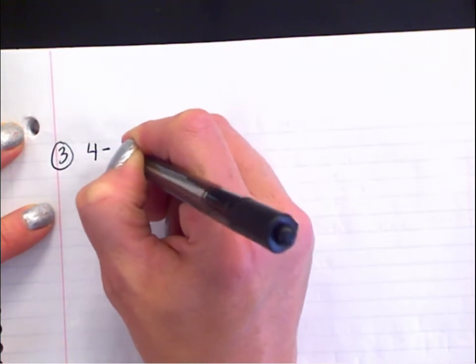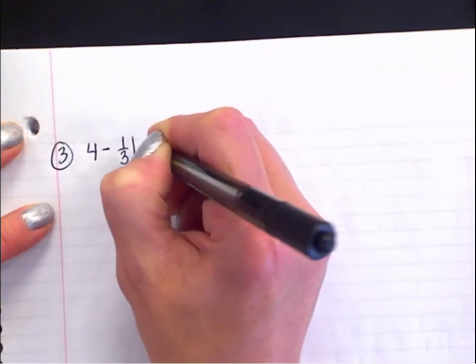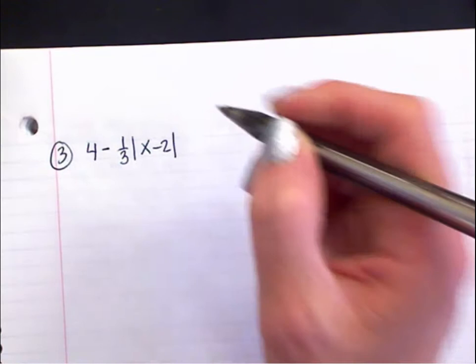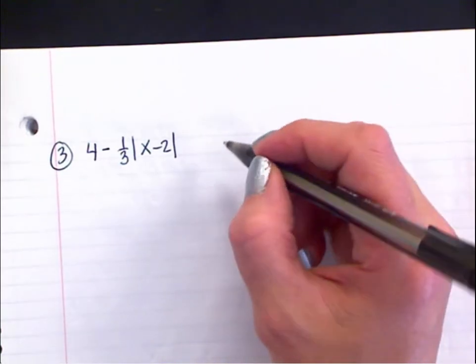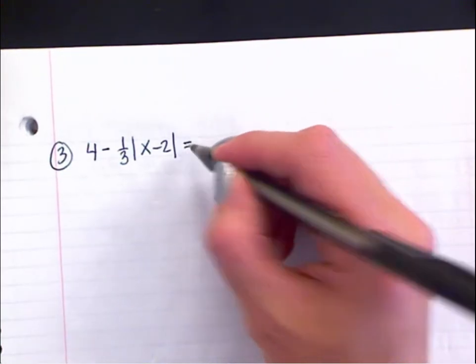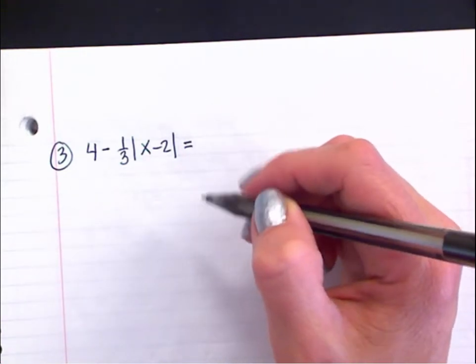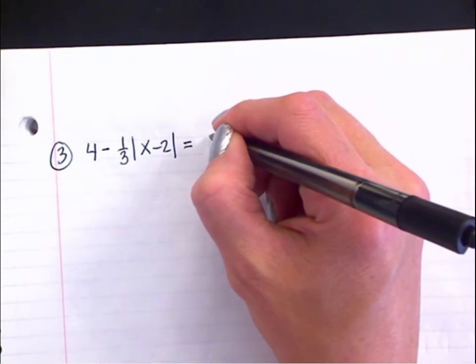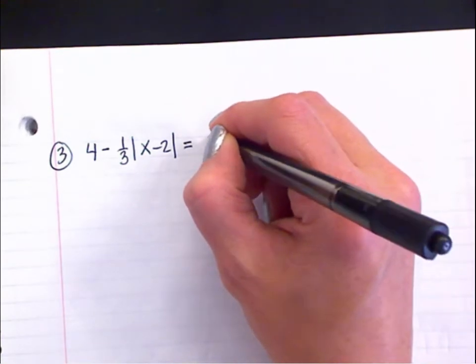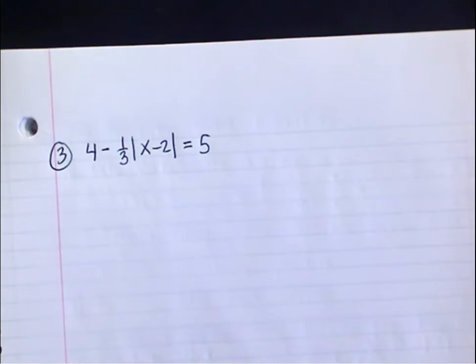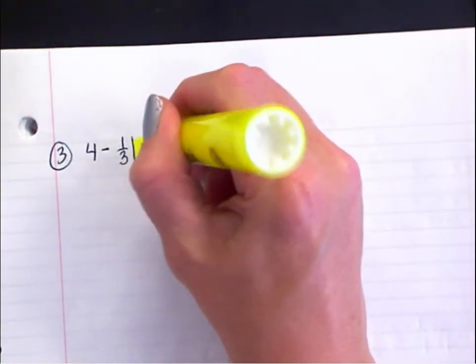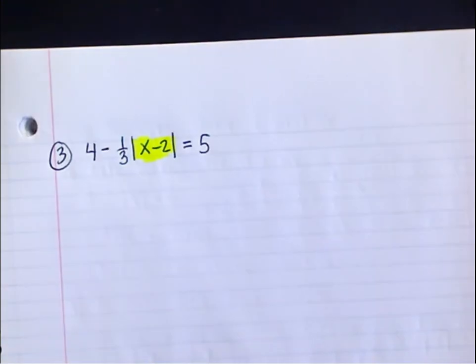Four minus 1/3 x minus 2 equals 5. Okay. Absolute value. Distance. I would like to isolate my distance portion before I figure out what it's supposed to be.